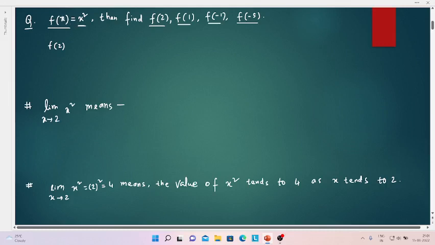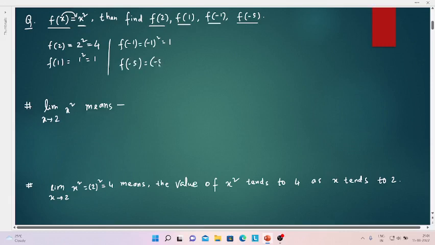So instead of x we have to put x equals 2, right? If we put x equals 2, then the value will be 4, right? Similarly, for f(1), it will be 1 square, I mean it will be 1, right? For f(-1), it will be minus 1 whole square, which is equal to 1. And similarly, f(-5) will become minus 5 whole square, which is equal to 25, right?